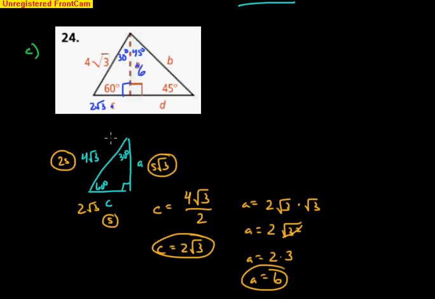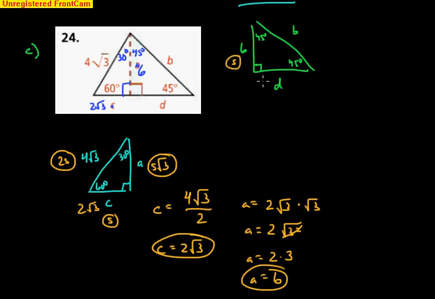A is 6. So now I'm going to take the triangle on the right, this 45, 45, 90 triangle. I know that this is 6, this is D, and this is B, and now I'm going to find D and B. Now there are labels here as well.